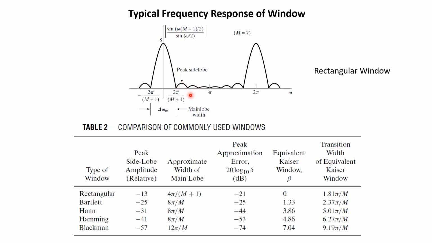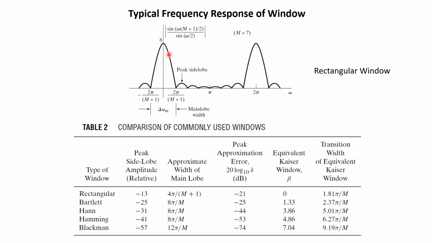And as we know, the maximum frequency component in the digital domain is pi. I have explained this fact a number of times in my previous lectures, okay. So here you can observe there are two important parameters that we have to observe in our window's frequency response. The one is the main lobe width, okay. So here we will be calling this the main lobe, right?